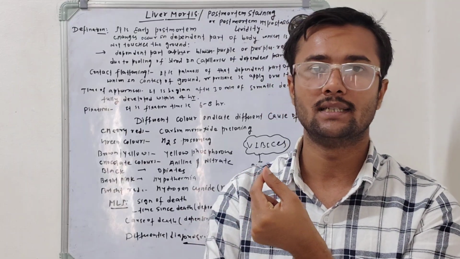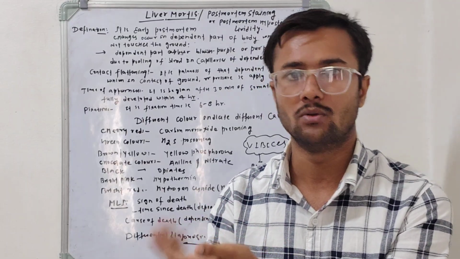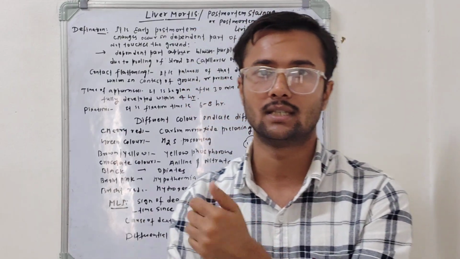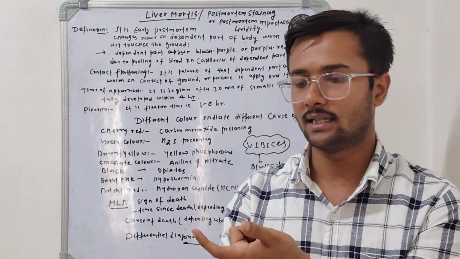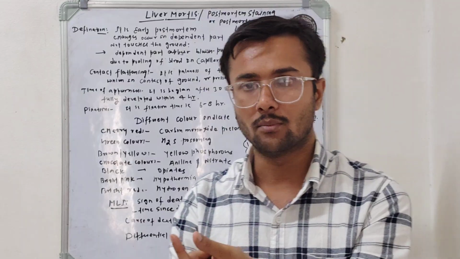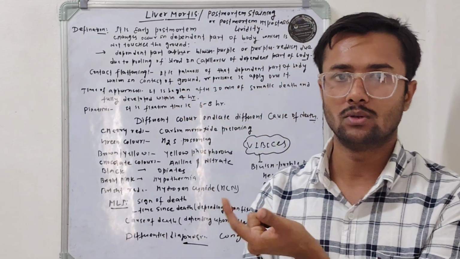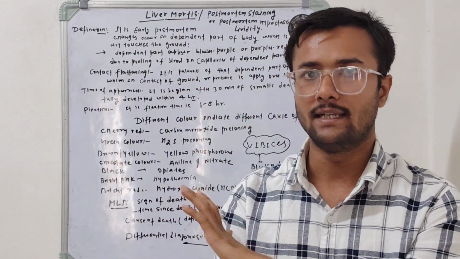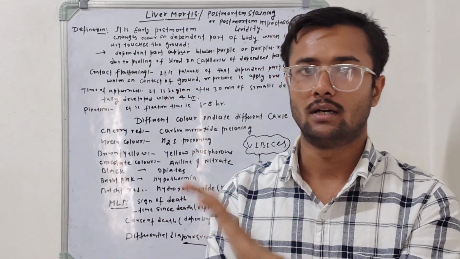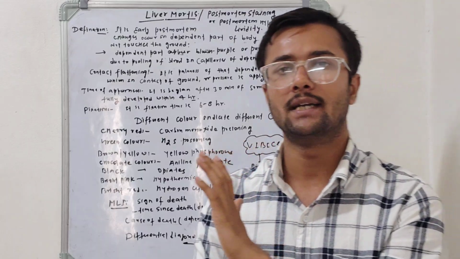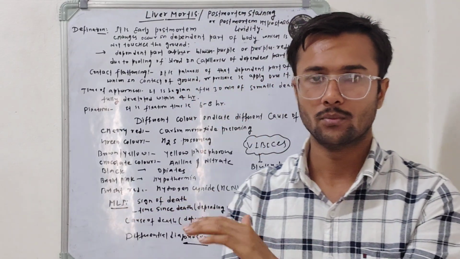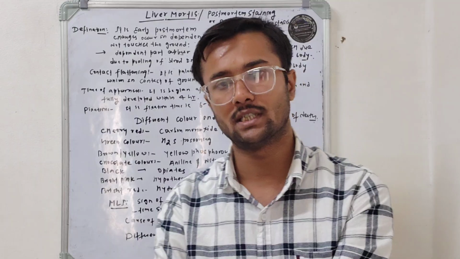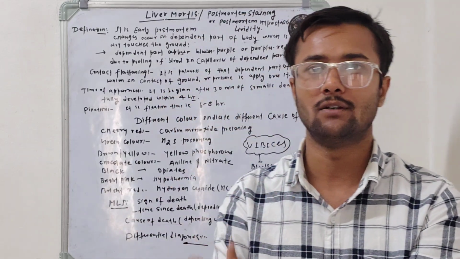If the capillaries are already constricted, then there is no possibility of hypostasis. So in the pressure area, there is compression of the blood capillaries, so there is no possibility of pooling or stasis of blood. So livor mortis does not occur in those dependent parts of the body which touch the ground or where pressure is applied over them.